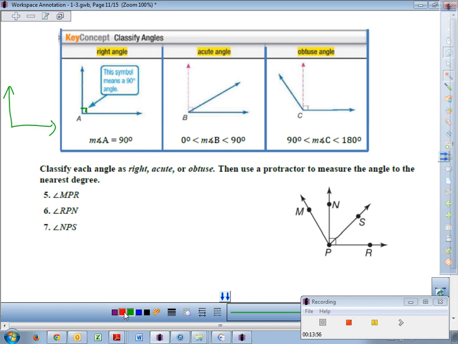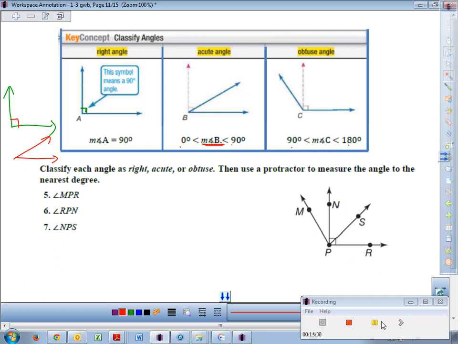Not at all, right? What makes it a right angle according to the picture? Box. Acute angle measures how much? Less than 90, but also more than how much? 0. So that's what that says. That says the measure of angle B is greater than 0 degrees, but at the same time less than 90 degrees. And then an obtuse angle measures more than, but less than.